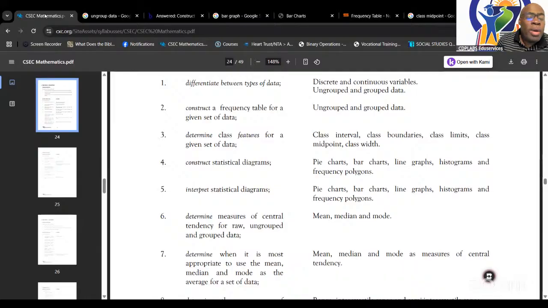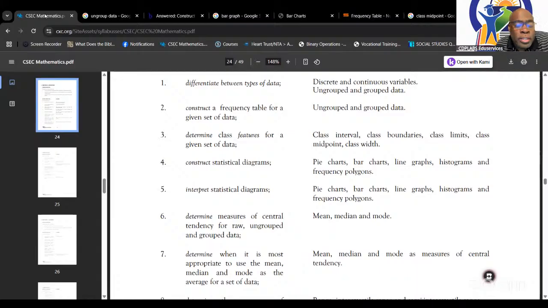Otherwise, for ungrouped data, it is the middle number. If you have seven numbers, there is a middle one. So the first three, last three, then the middle one will be the median. But you have to arrange the numbers from smallest to largest, right?